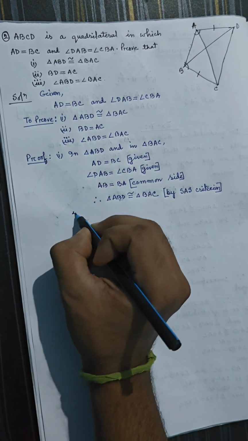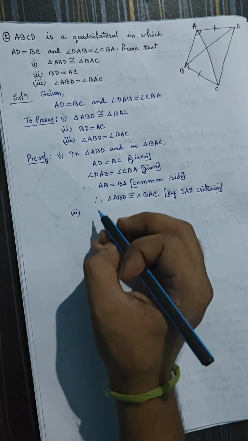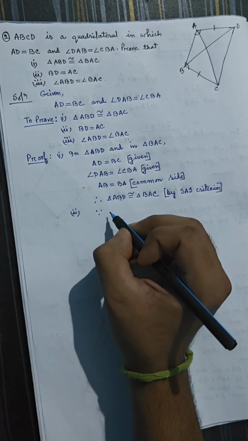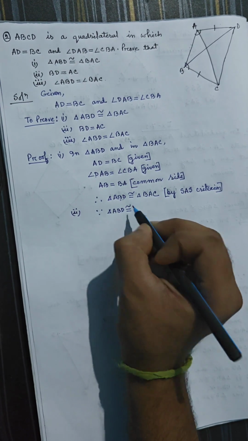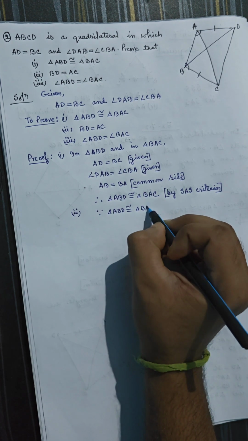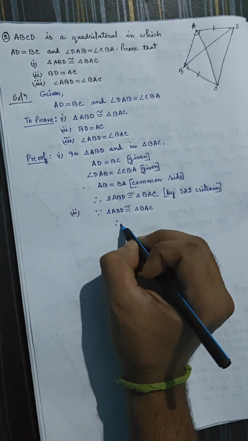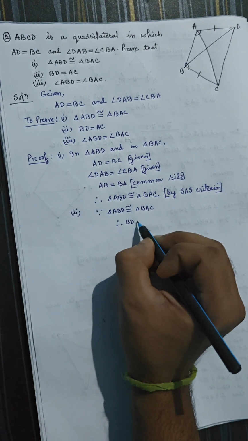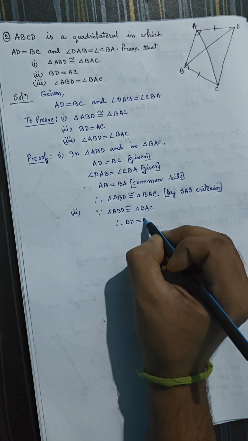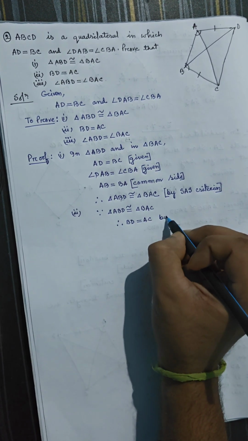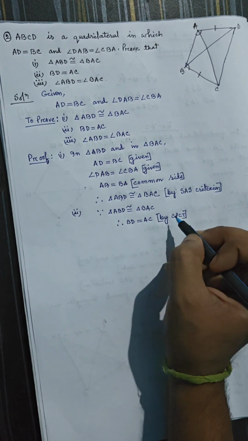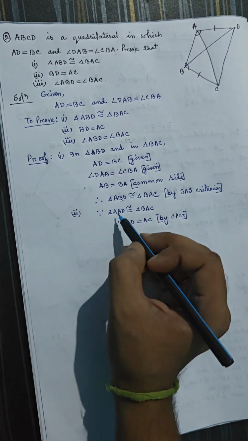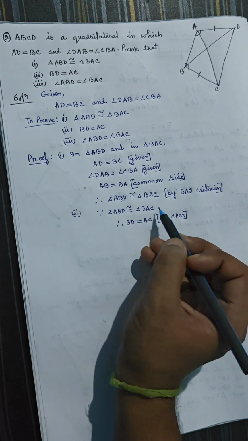So we'll write, since triangle ABD congruent triangle BAC, therefore BD is equal to AC by CPCT. Another one, ABD. Can I find ABD? See, ABD, BAC, same.